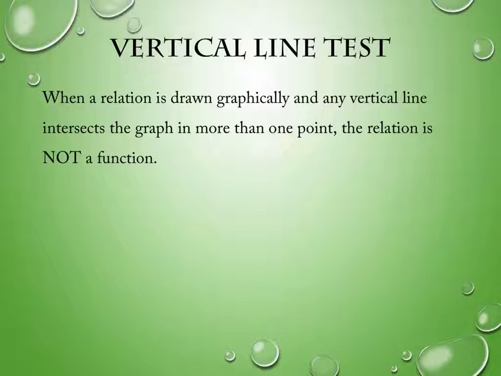When a relation is drawn graphically, and any vertical line intersects the graph in more than one point, then the relation is not a function.